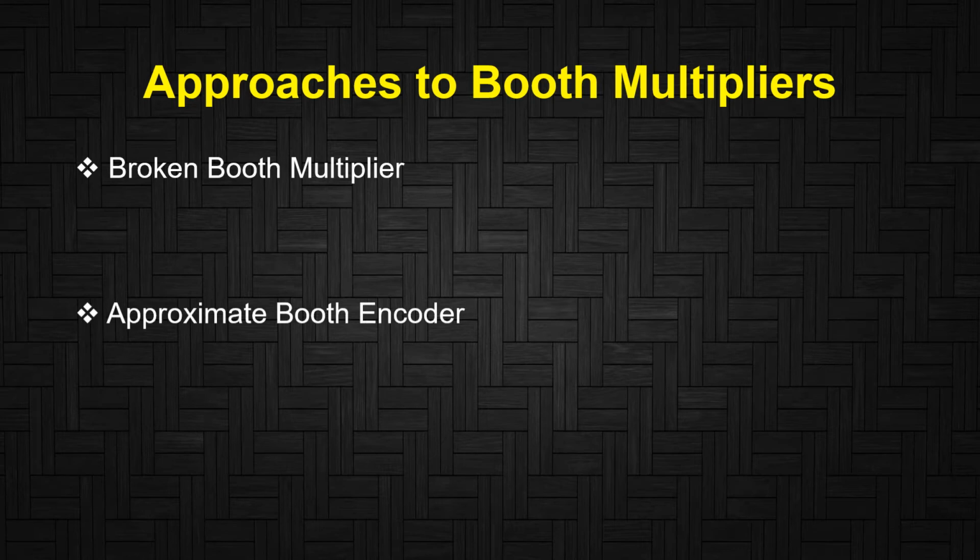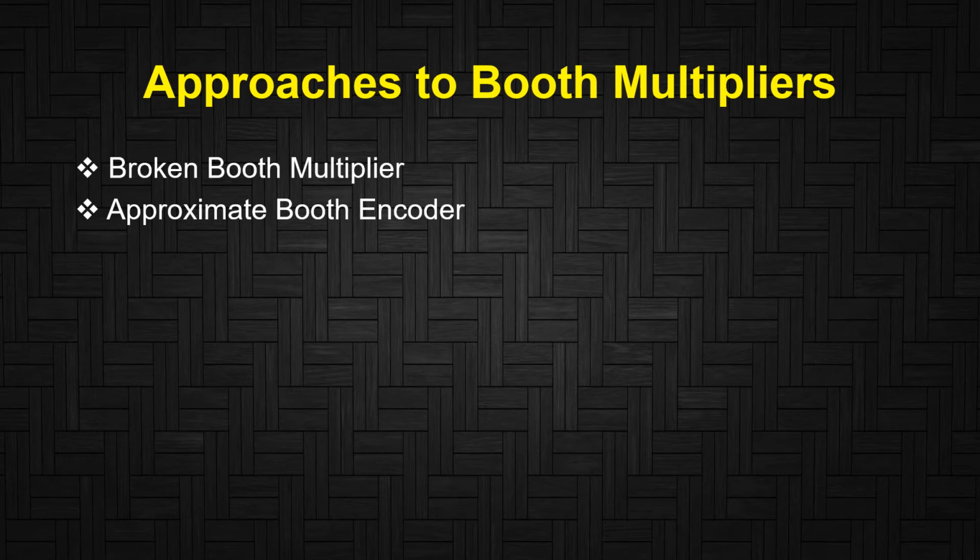Now the second approach for designing approximate booth multipliers as pursued in the technical literature is using an approximate booth encoder. A paper presented by H. Yang, T. Cheng and J. Han proposed an approximate recoding adder that reduced the long carry propagation for the radix 8 booth multiplier.